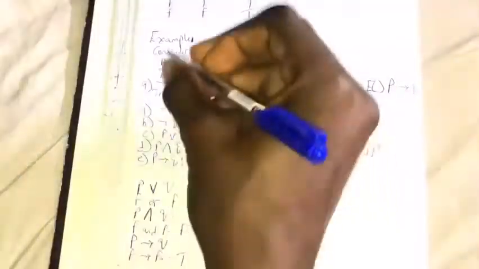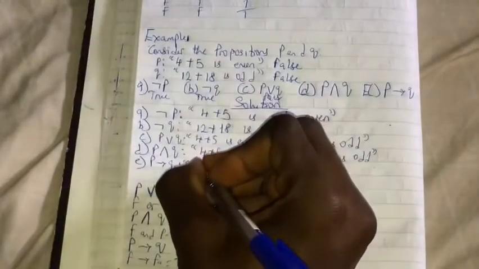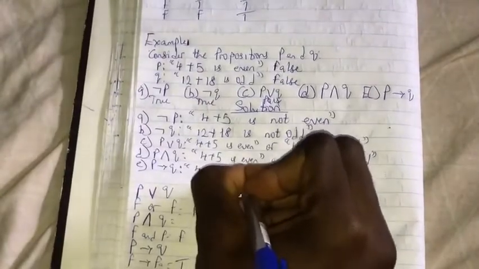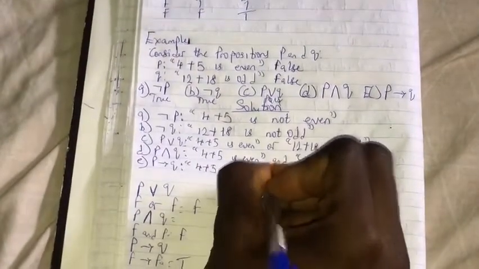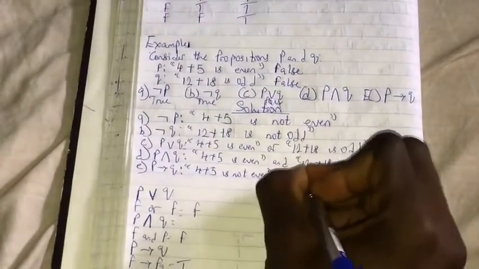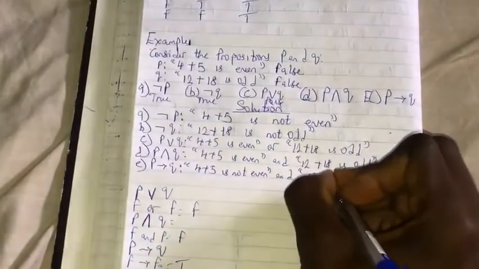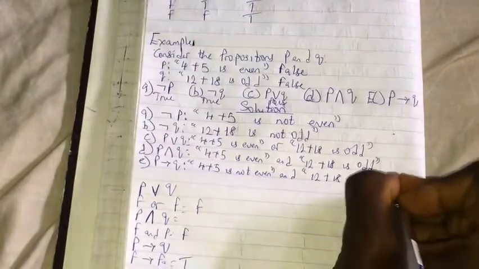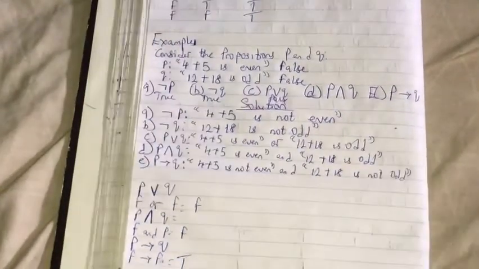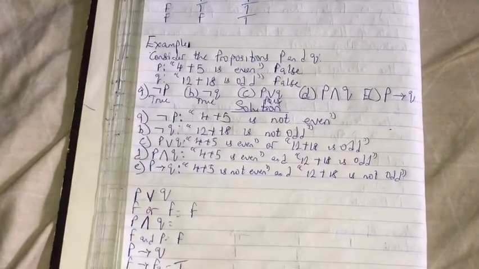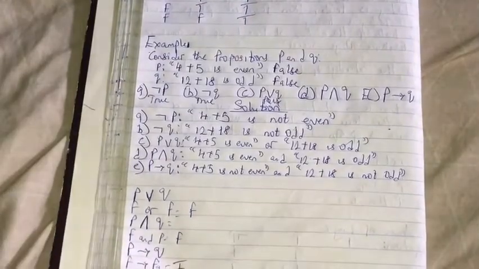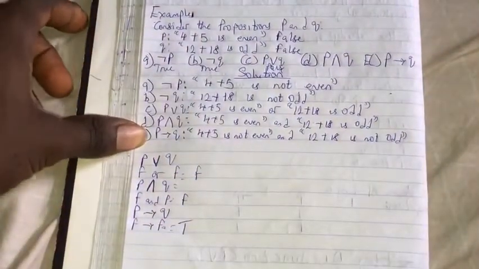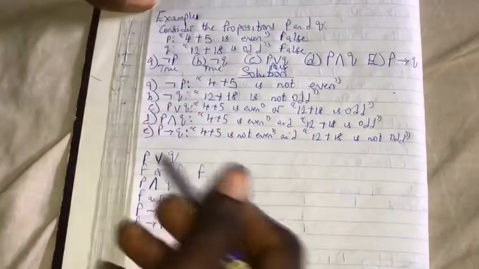So once it gives us true, this will be: 4 plus 5 is not even, and 12 plus 18 is not odd. Why? Because it's true. And once it's true, therefore this will be reversed. P then Q.